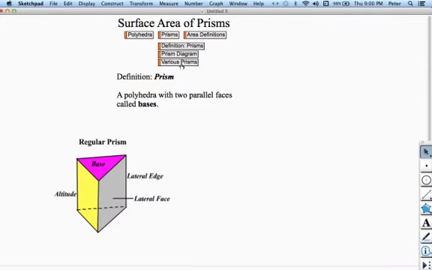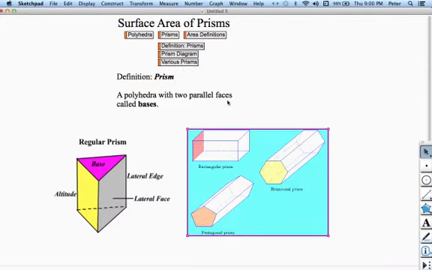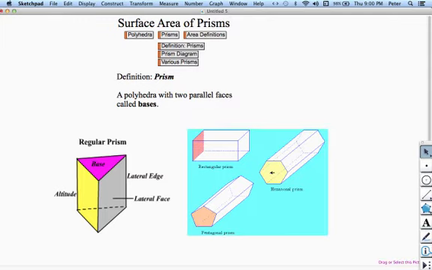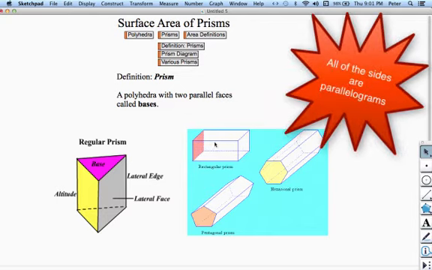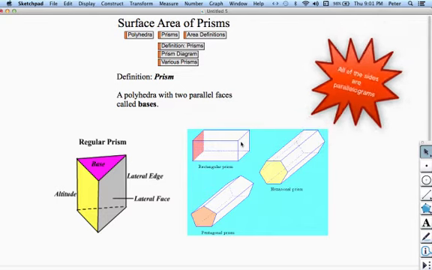Okay, let's take a look at some other kinds of prisms. As you can see, we have a hexagonal prism whose bases are two hexagons, a pentagonal prism whose faces are two pentagons, and then a rectangular prism. And in a rectangular prism, it's a little bit difficult to recognize what's the base, because in a prism, all of the sides are parallelograms.